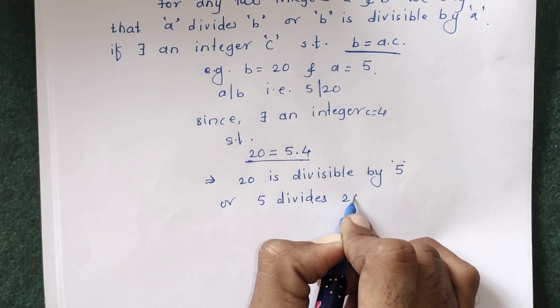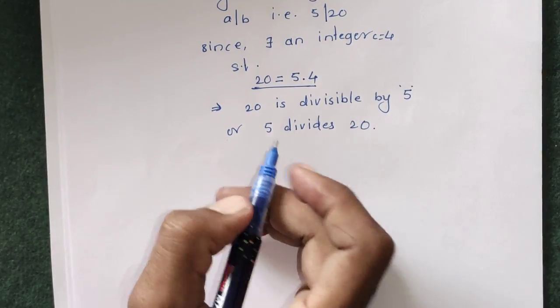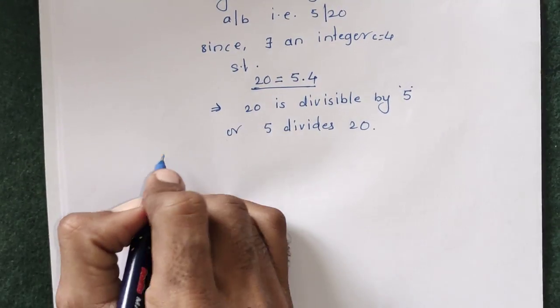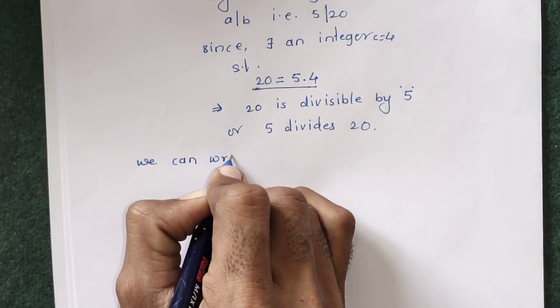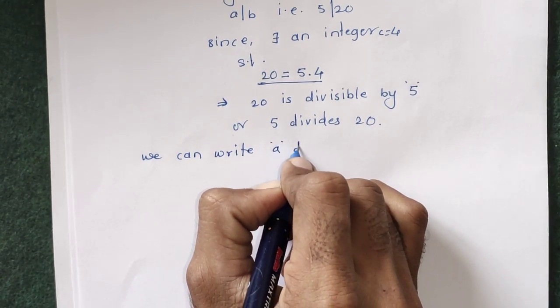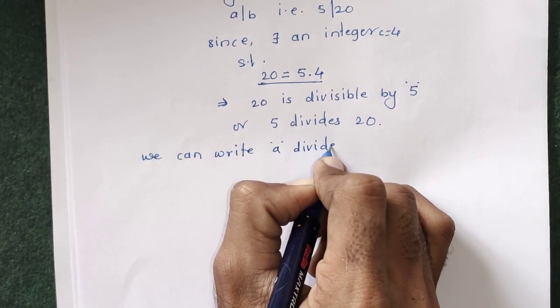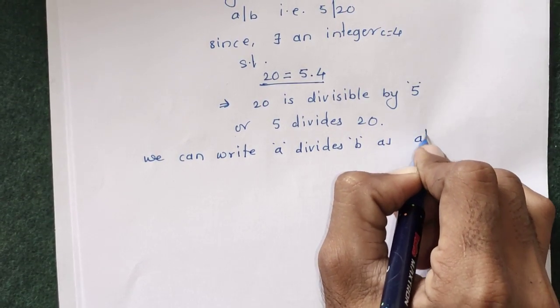The notation of this divisibility is, we can write a divides b in the form of this.